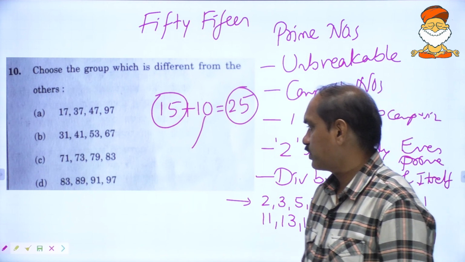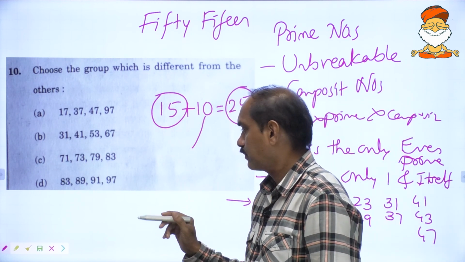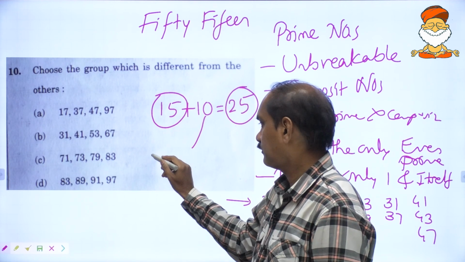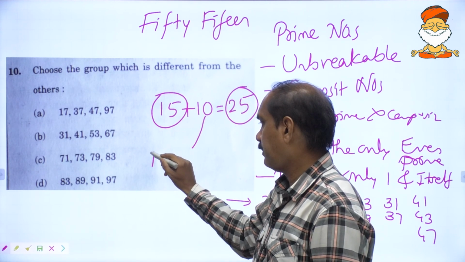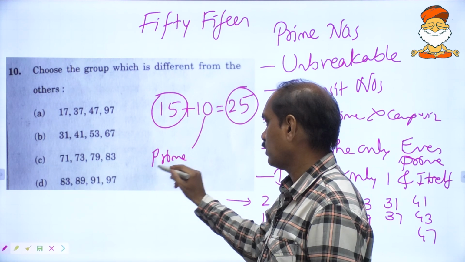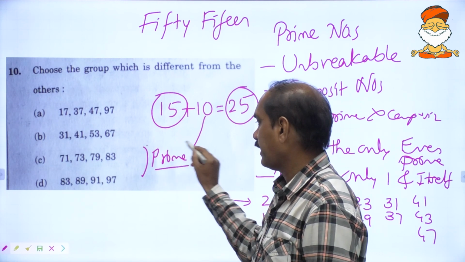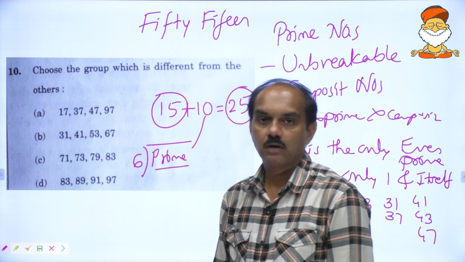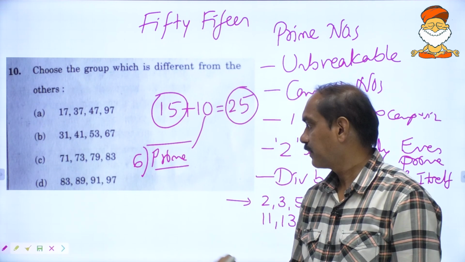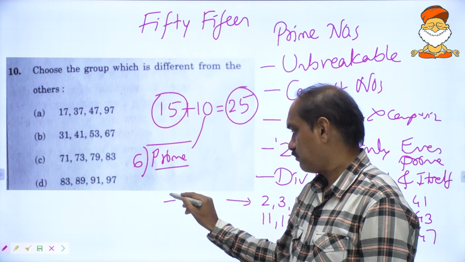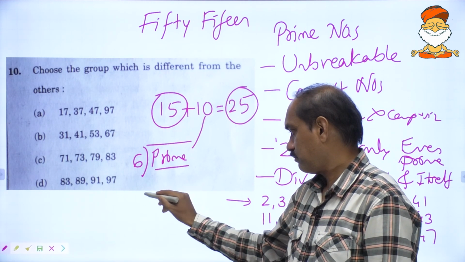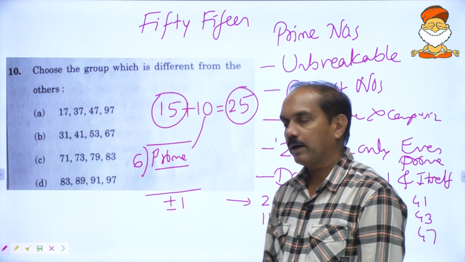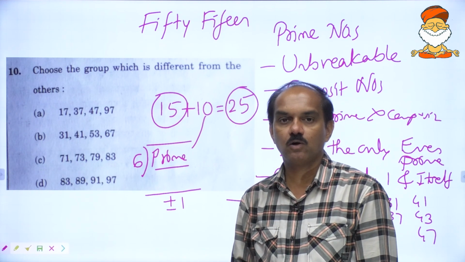And how do you check? You take any prime number and divide it by 6. Your remainder will be either plus 1 or minus 1.